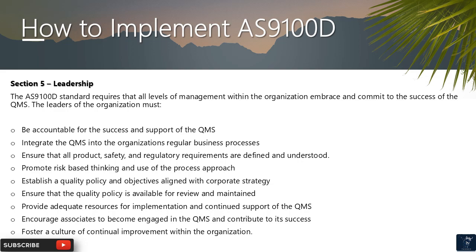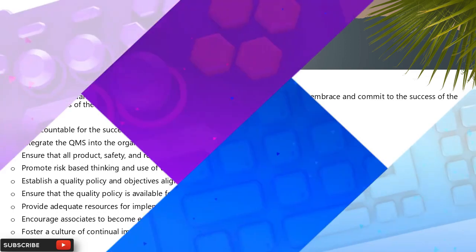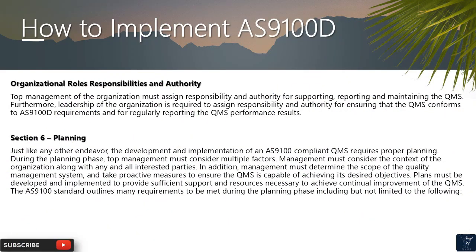Provide adequate resources for implementation and continued support of the QMS. Encourage associates to become engaged in the QMS and contribute to its success. Foster a culture of continual improvement within the organization. Organizational roles, responsibilities and authority.